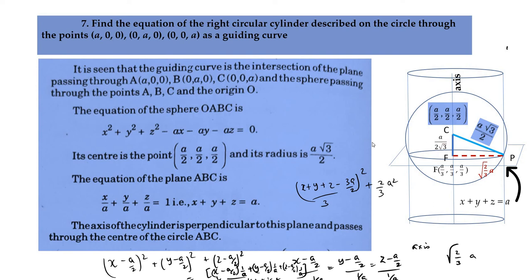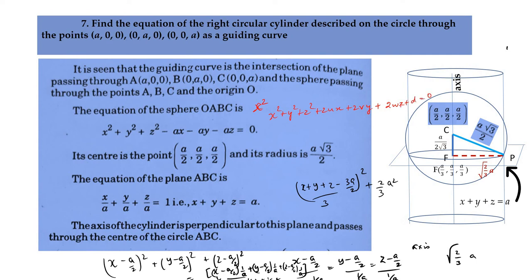If we consider the general form of the equation of a sphere, we know that it is given by x square plus y square plus z square plus 2ux plus 2vy plus 2wz plus d equal to 0.